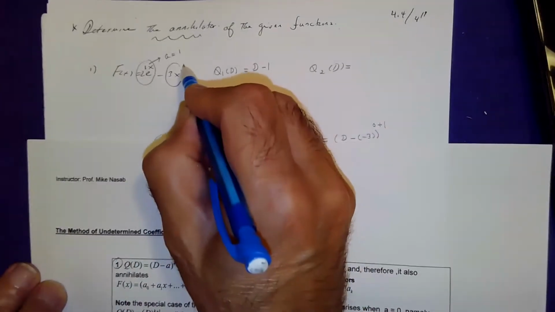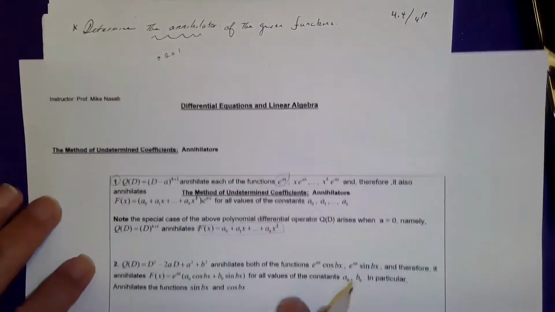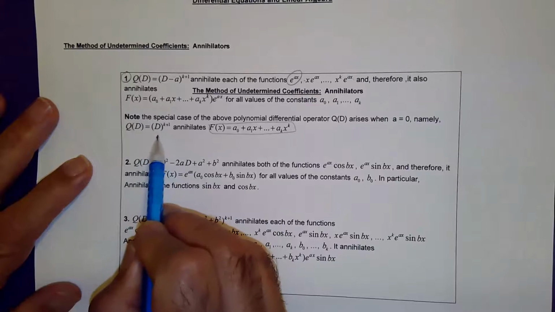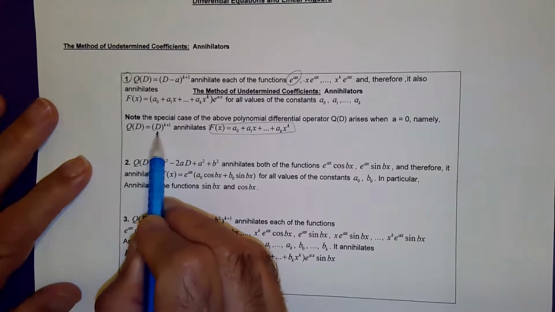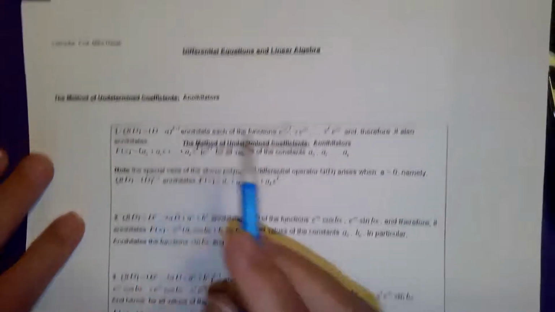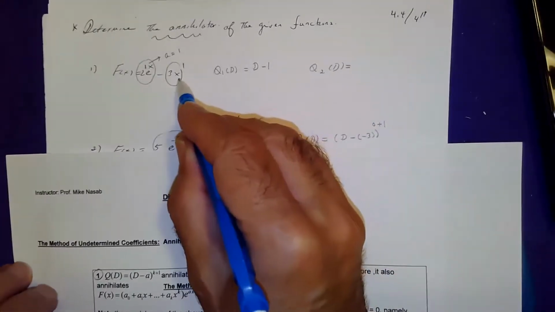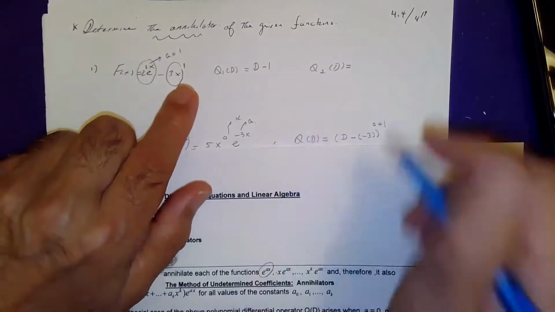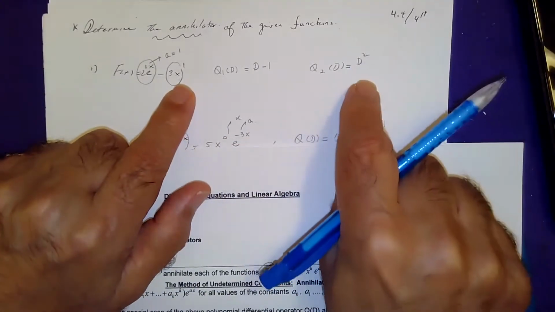In my case, the highest power is 1. So according to this note, right below formula number 1, the annihilator is D to the power of k plus 1. So what would be the annihilator for this? D squared. And that makes sense.